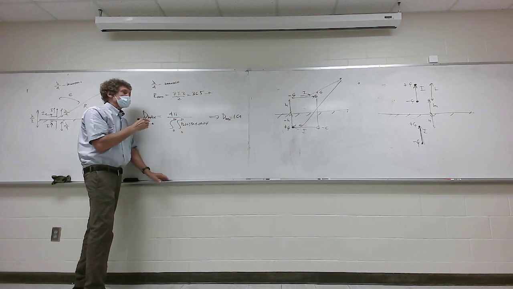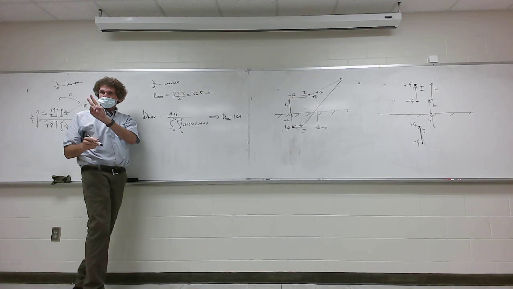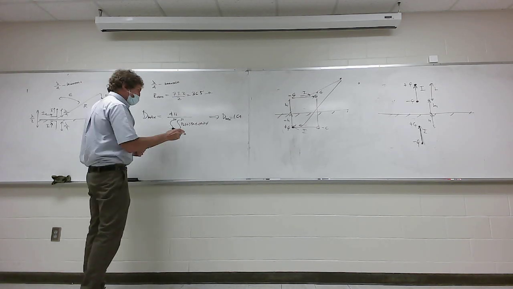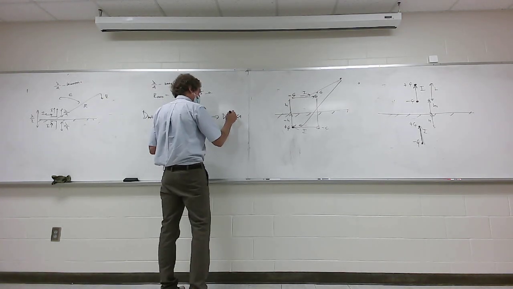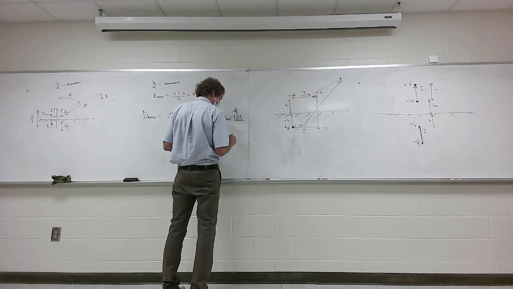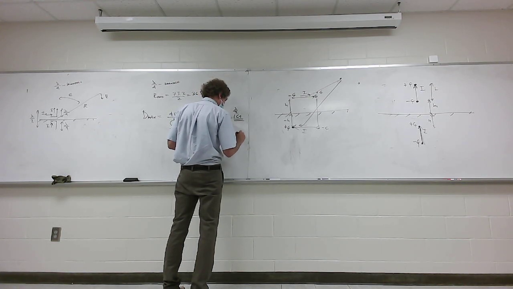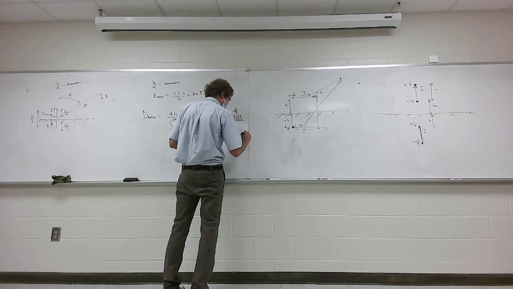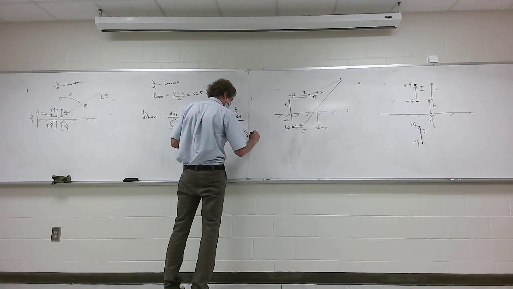So the actual D max doubles for a monopole. This is a lambda over 2 dipole right here. D max would be twice that, or 3.28, and that would be for a lambda over 4 monopole.